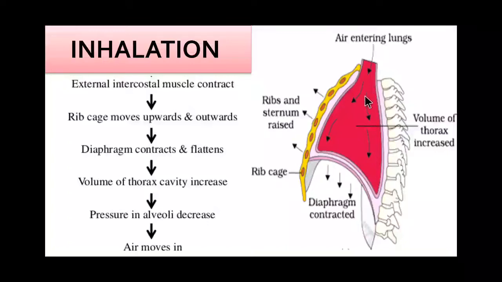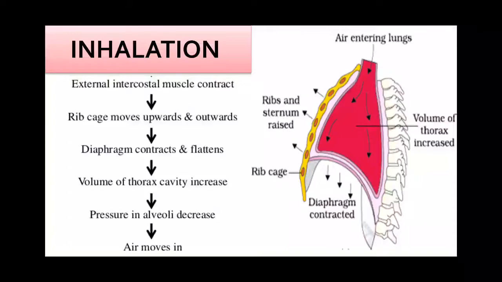And while passing through all this respiratory tract, the incoming air is filtered by hair present in the nasal cavity, cleansed of dust and microbes through the respiratory tract by lysosome, mucus and cilia. Then it is moistened by water vapors from wet epithelium.